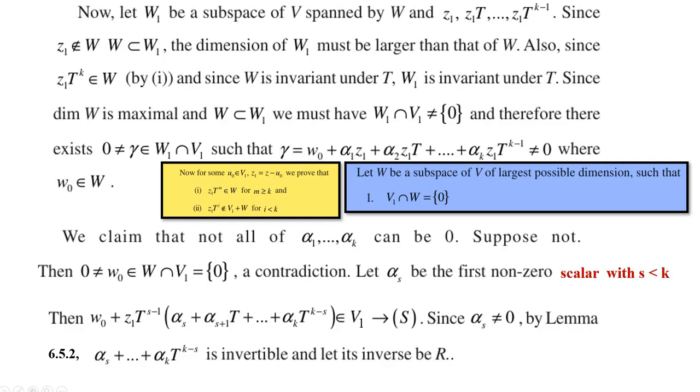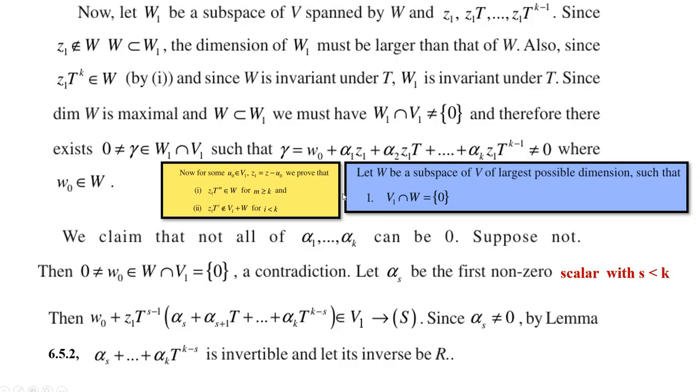Just now we mentioned W1 is a subspace of V spanned by W and these vectors. When we consider W naught to be a member of W, we can write our gamma as W naught plus a combination of these vectors. So we can always write like this.